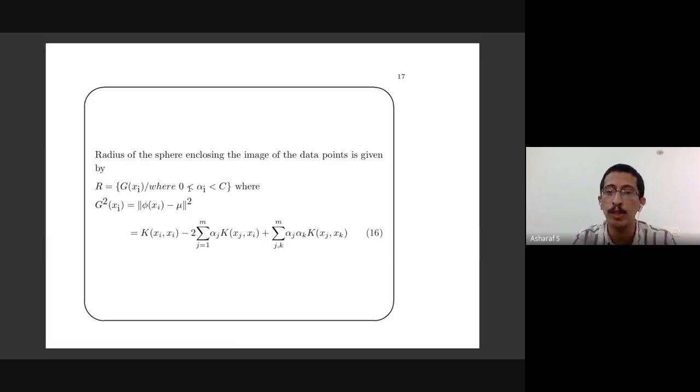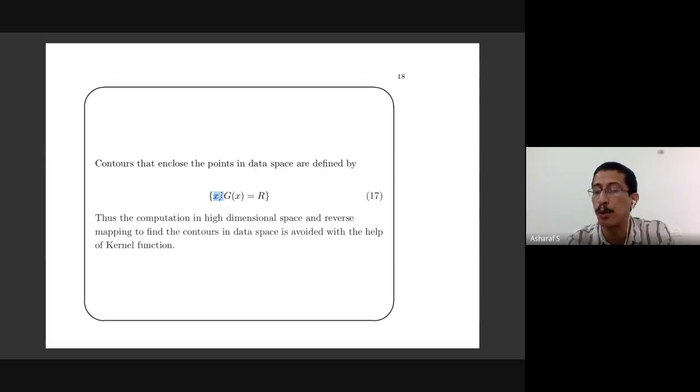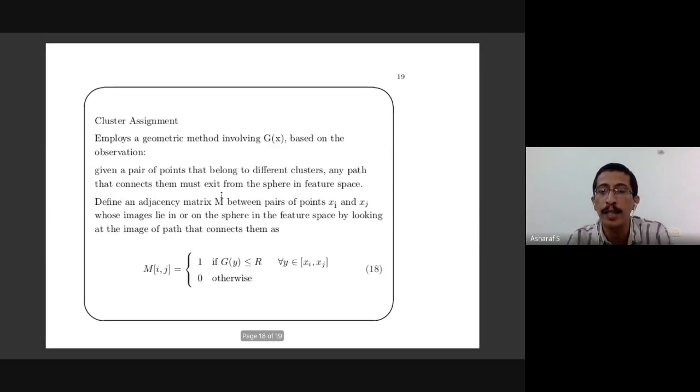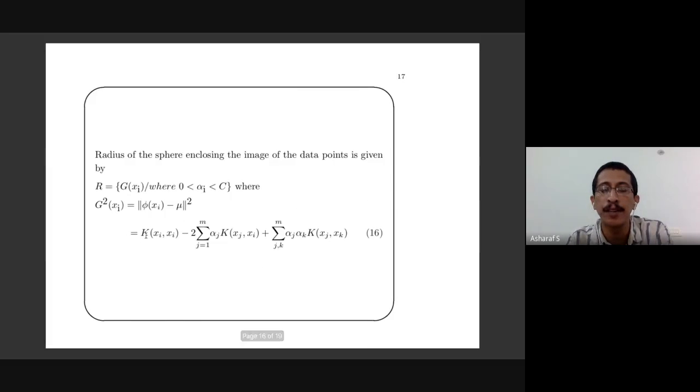And we know that those points have values of alpha between 0 and C. So we know those points. That's the computation, and we know that this g(x) is computed with only the kernel.